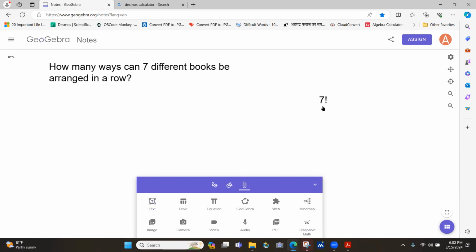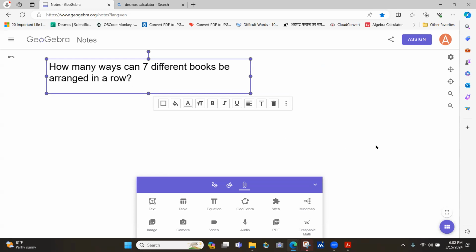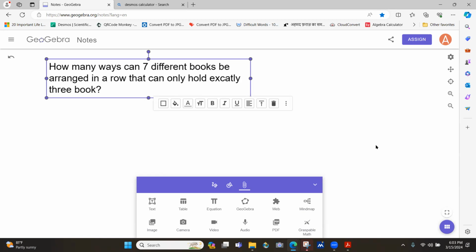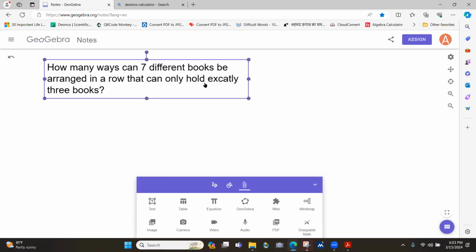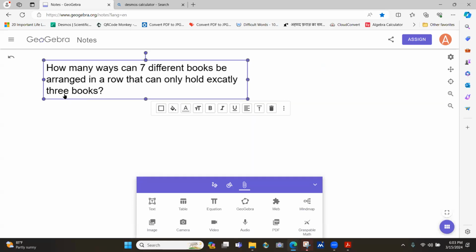Now, let's make it a bit more challenging. How many ways can 7 different books be arranged in a row that contains only 3 books at a time? A row that can only hold exactly 3 books. Well, what I'm trying to say basically is like 7 people, 3 chairs, or 7 books, 3 spots, right?